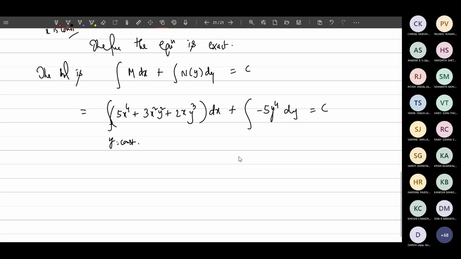Now integrating with respect to x means y is constant. So 5x^4 gives 5 into x^5 by 5, plus y squared is constant, 3 times x^3 by 3, plus y cubed is constant, 2 times x^2 by 2, minus 5 y^5 by 5 equal to c.